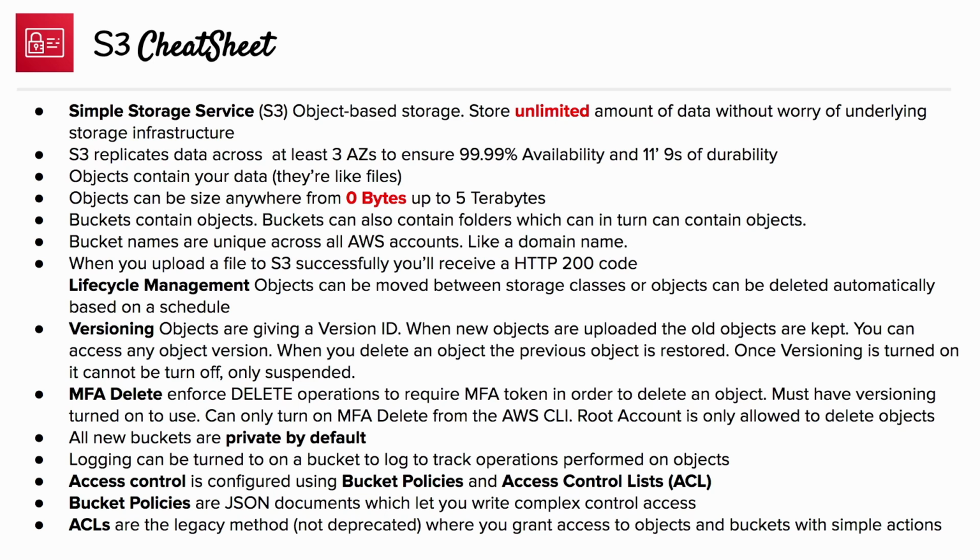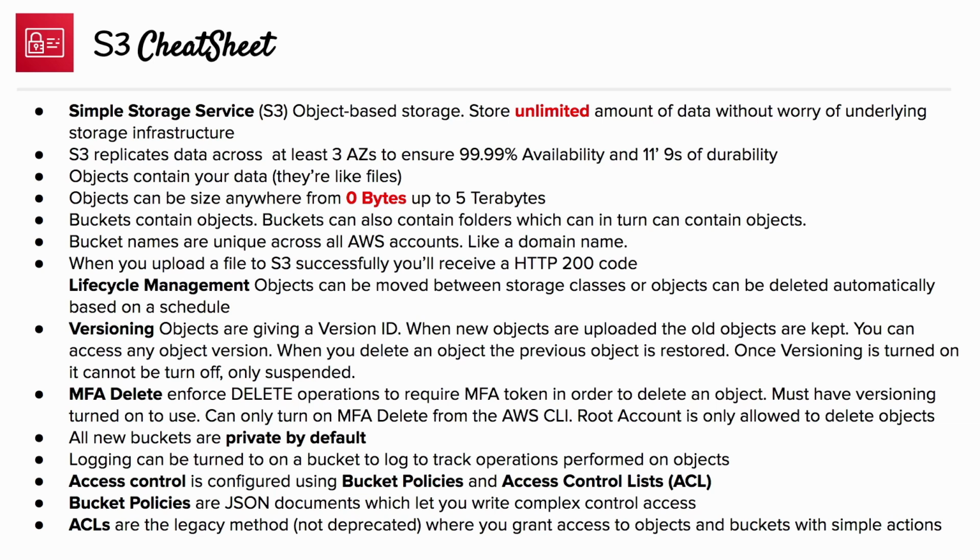When you upload a file to S3 successfully, you'll receive an HTTP 200 code. Then the lifecycle management feature allows you to move objects between different storage classes, and objects can be deleted automatically based on a schedule. So you'll create lifecycle rules or policies to make that happen. Then you have versioning.